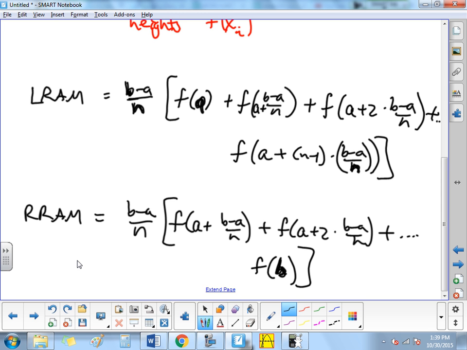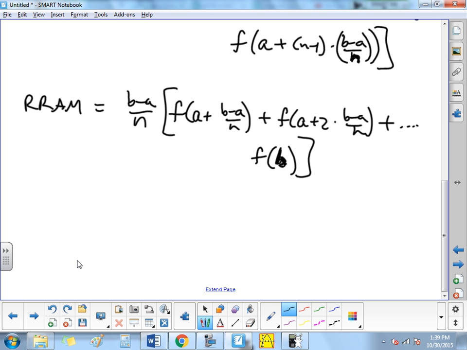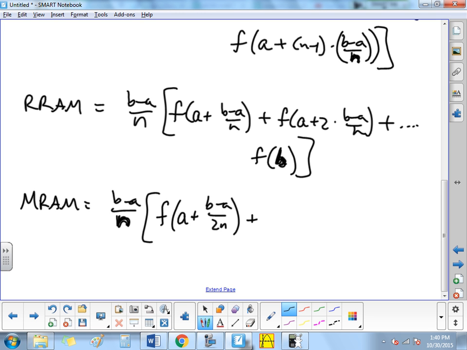And MRAM is just ugly. MRAM will look like this. You would have b minus a over n, and then you have f of a plus half of b minus a, so b minus a over 2n, plus f of a plus 2 times b minus a over 2n, which actually simplifies, but don't.